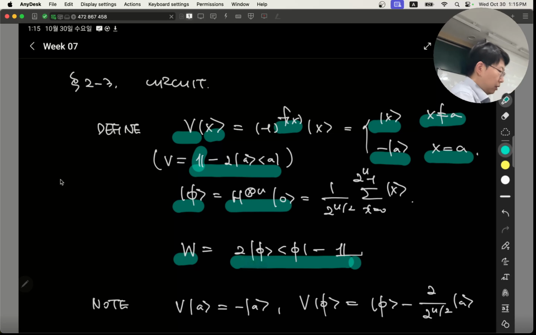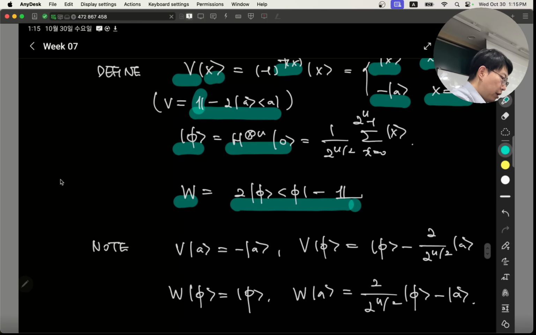Phi is also a special type of qubit state, and if you take the ket-bra of this state, then you can get an operator. It's another unitary operator. You can compute that. Also, I'm not saying that you can make this operator using X or Z gates, but let's say this is an operator we can implement on our circuit.